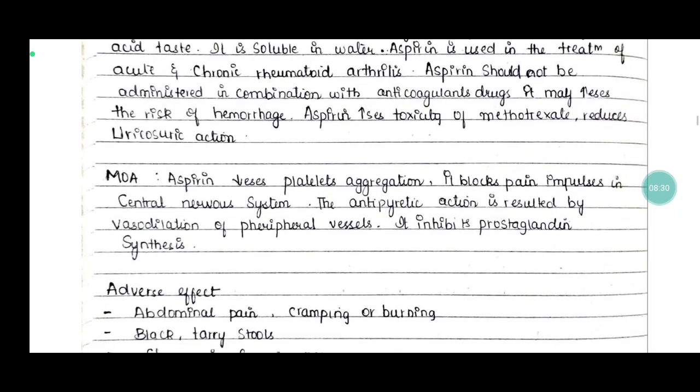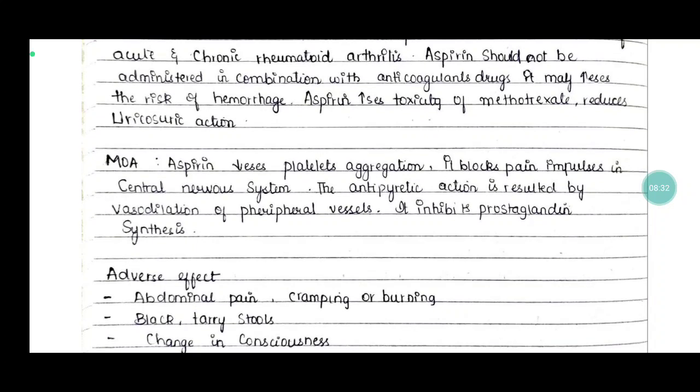The mechanism of action of aspirin is that it decreases platelet aggregation, and it blocks pain impulses in the central nervous system. The antipyretic action results from vasodilation of peripheral vessels, and it inhibits prostaglandin synthesis.